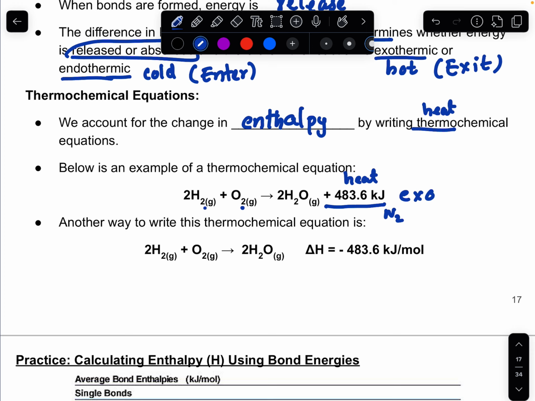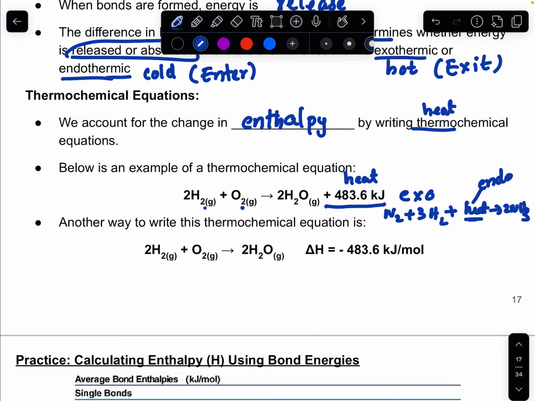If you are seeing it another way, say for example, N2 plus H2 plus a specific amount of heat giving 2NH3. That means heat is a reactant, so that will be endothermic.